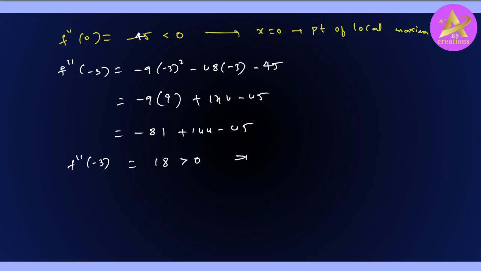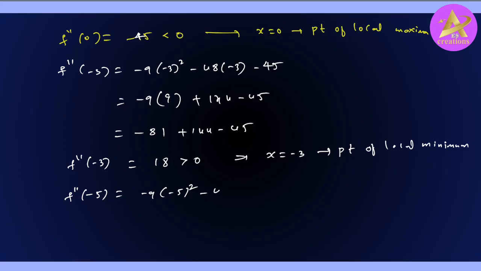That means x equal to minus 3 is a point of local minimum or minima. One more point is minus 5: minus 9 times (minus 5) square, minus 48 times minus 5, minus 45.